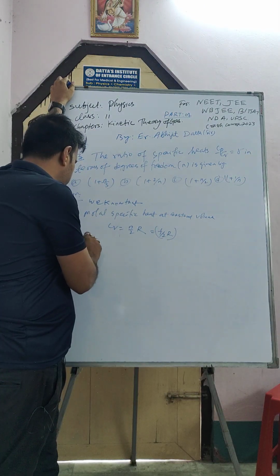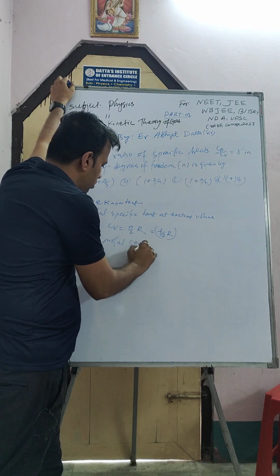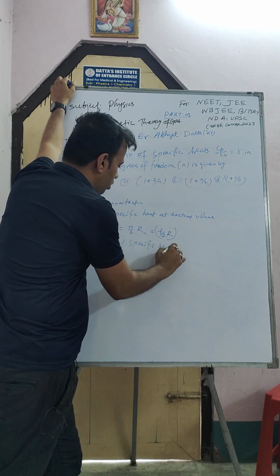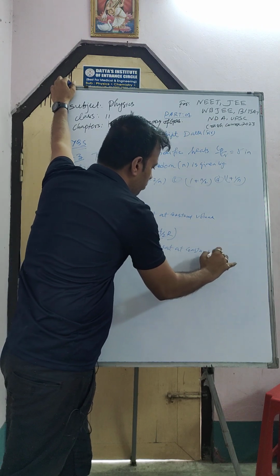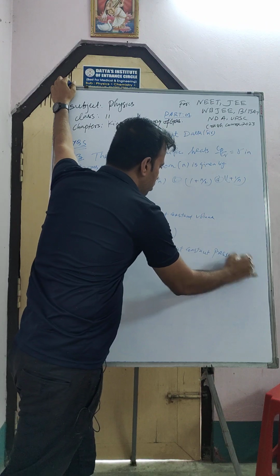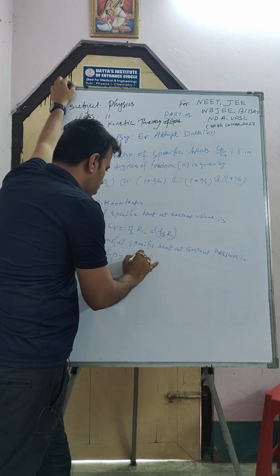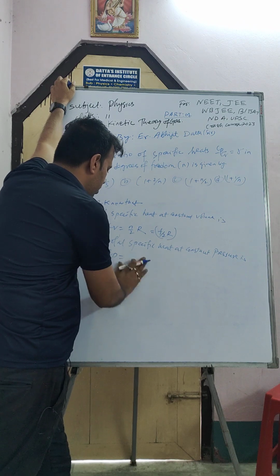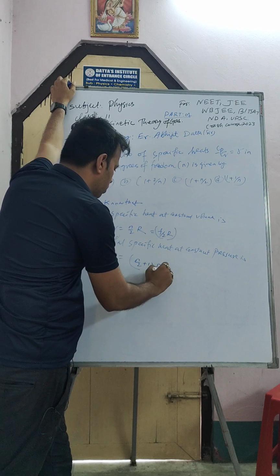Again, molar specific heat at constant pressure is what? Cp equal to n by 2 plus 1 into R.